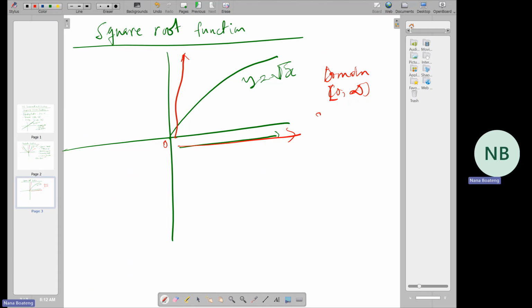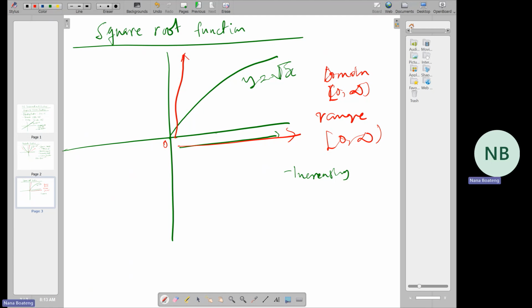Its range is also the same, from 0 to positive infinity. You can see it's increasing from 0 to infinity, going all the way up.